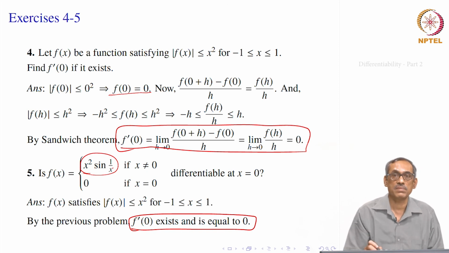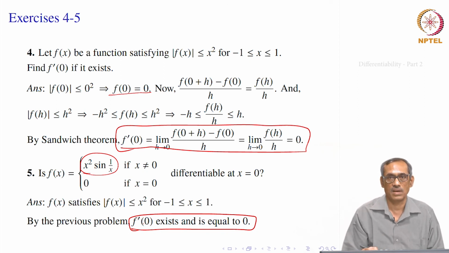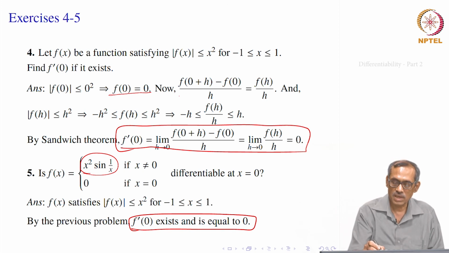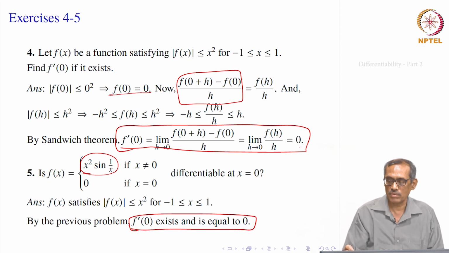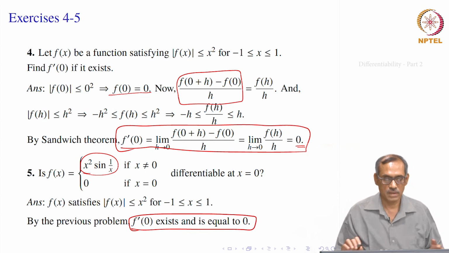If you take the limit of that derivative, that is not the same thing as finding f prime 0. That will say whether the limit of f prime x as x goes to 0 exists or not. That is not the same thing as f prime 0. f prime 0 is the limit of this ratio, and this we have computed to be equal to 0. Therefore, f prime 0 exists and is equal to 0. So, we stop it here.